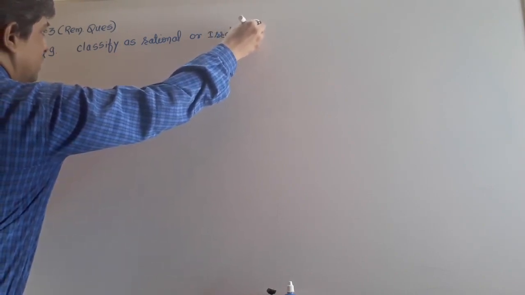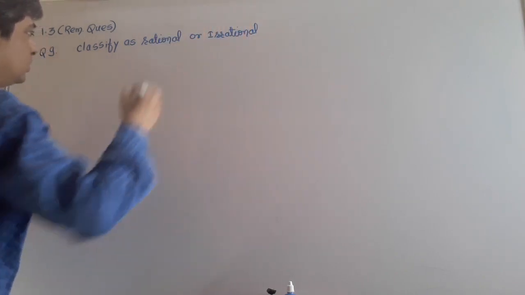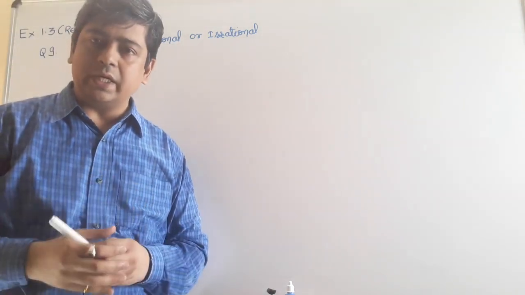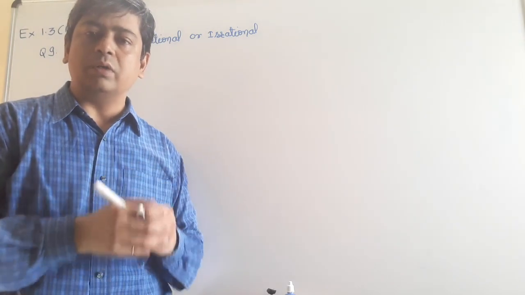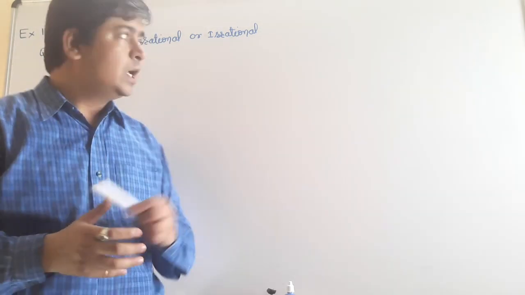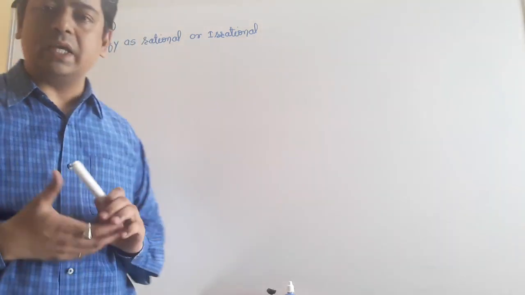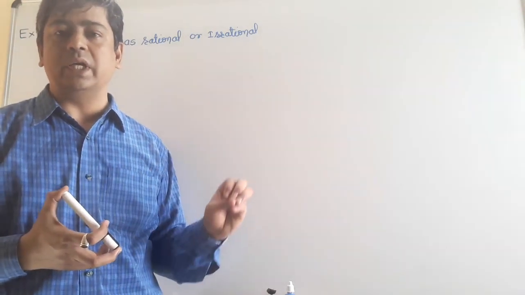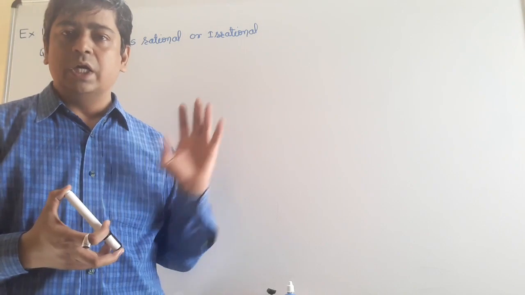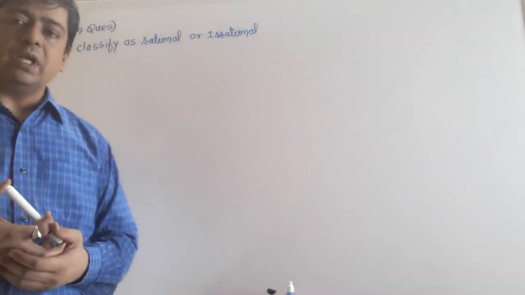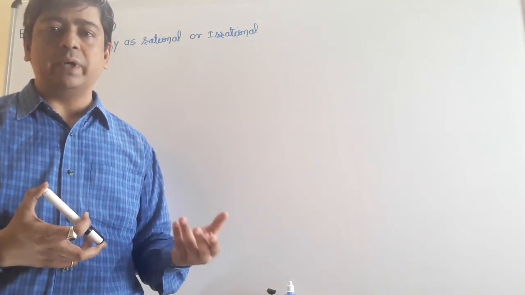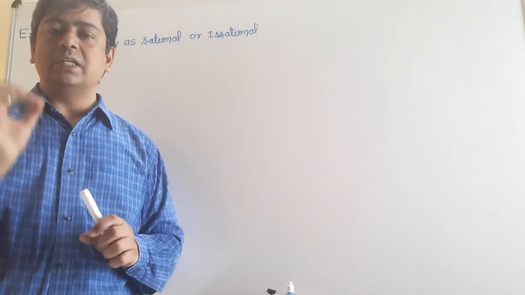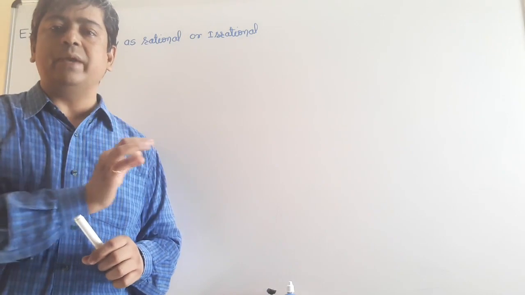Remember one thing, for the given number to be rational, the number should be either terminating or non-terminating repeating decimal. And to say that the number is irrational, the number should be non-terminating, non-repeating decimal. To find out whether the number is non-terminating, non-repeating, we will use one fact: the square root of any prime number.